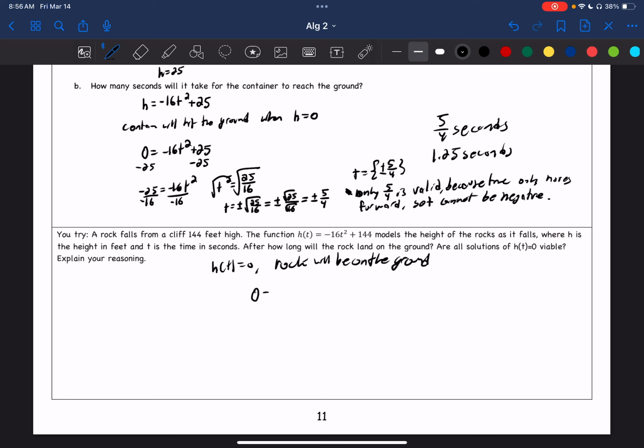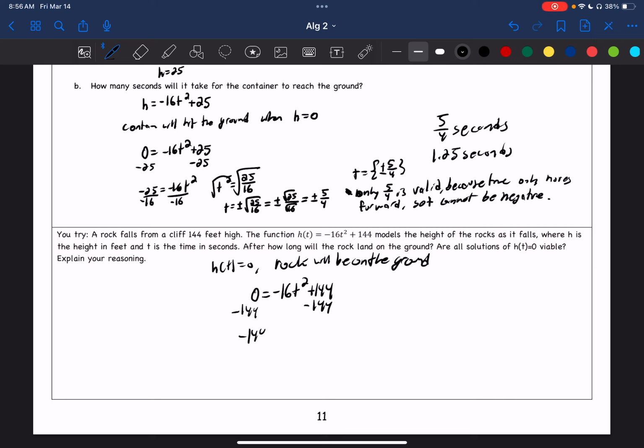Therefore, we're looking for when 0 is equal to h of t, which is negative 16t squared plus 144, right? When this function is equal to 0, that's when the rock will be on the ground. You notice the rock is starting at 144 feet and is falling at this rate. So we can follow the same procedures we did on the last one.